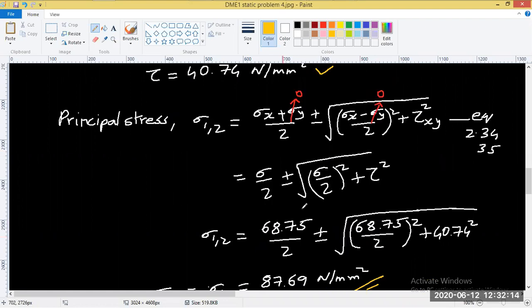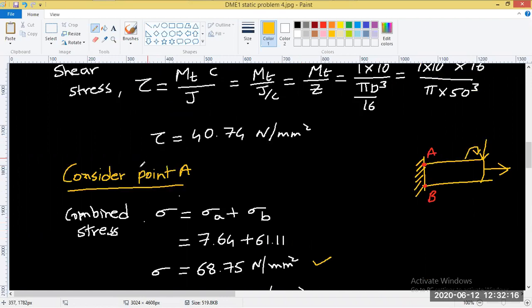Why? Because you see, we have to consider only point A here. Same thing, exact same flow of the procedures you need to consider for point B. So again, the doubt arises here: why did I consider plus here? I told you, right?